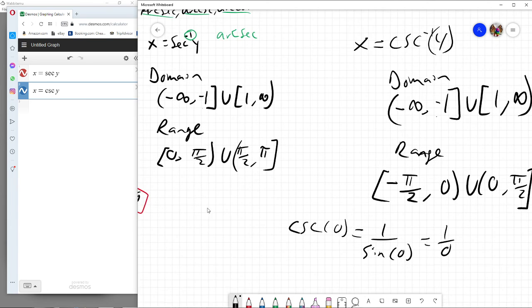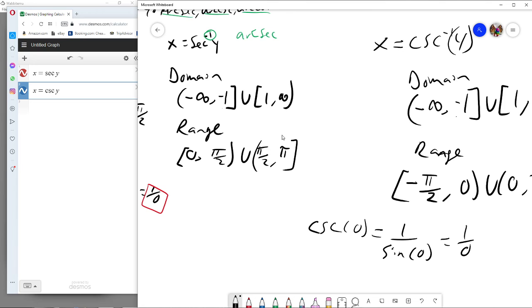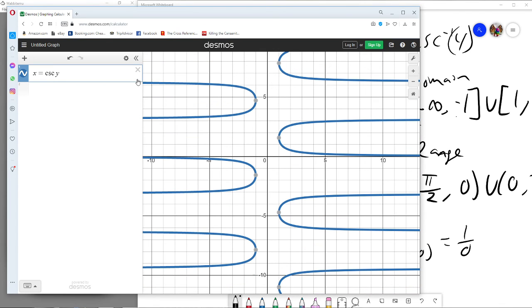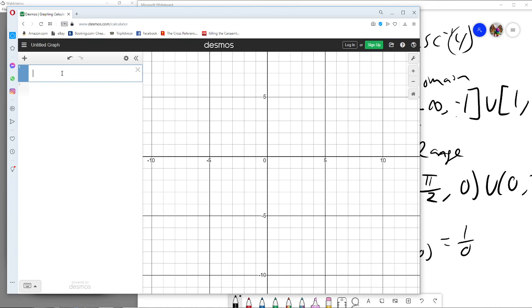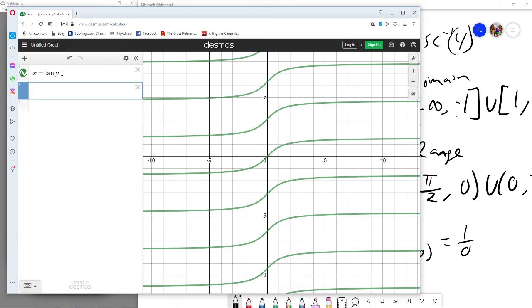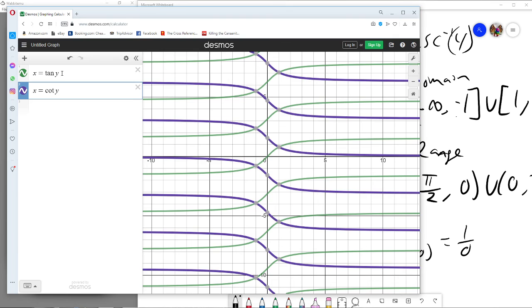Alright, so we've got domains and ranges for arcsecant and arccosecant. Arccotangent is going to be very similar to arctangent. So let's go ahead and get those on the Desmos. So here's arctangent, and here's what arccotangent looks like.